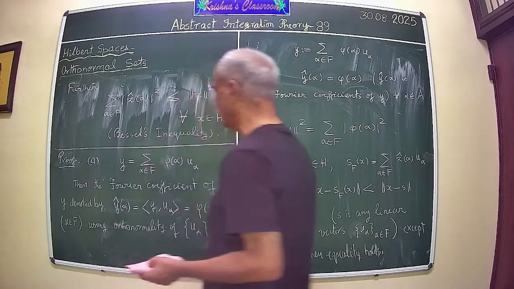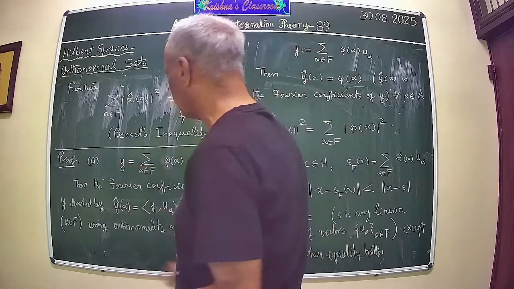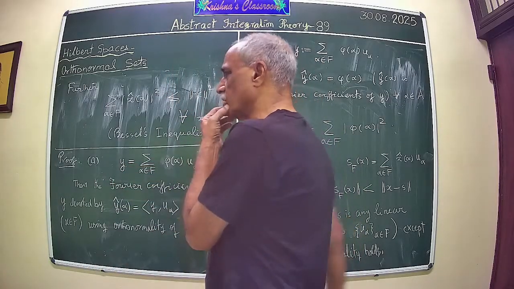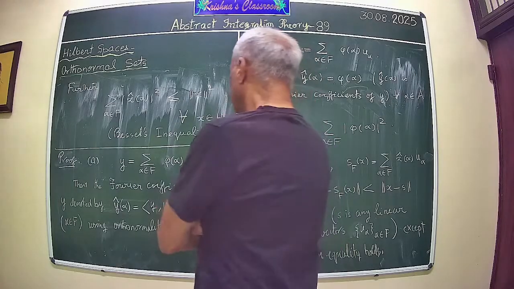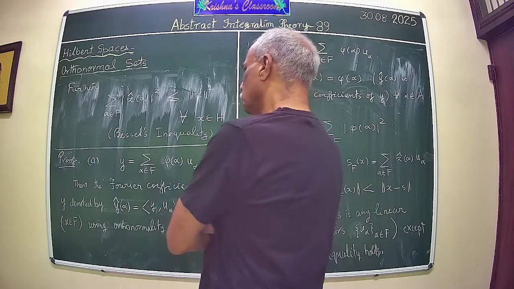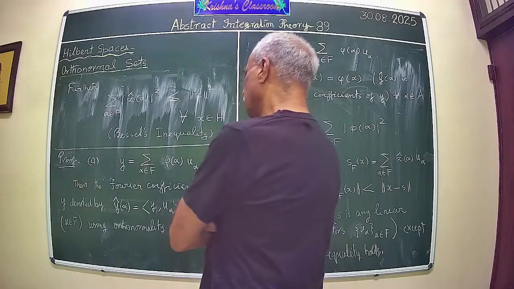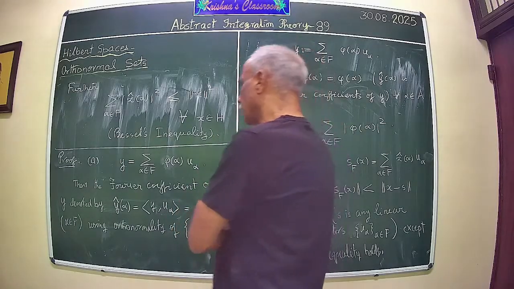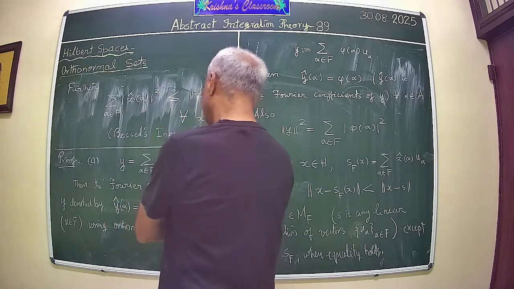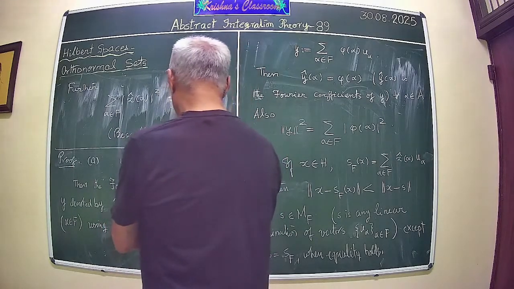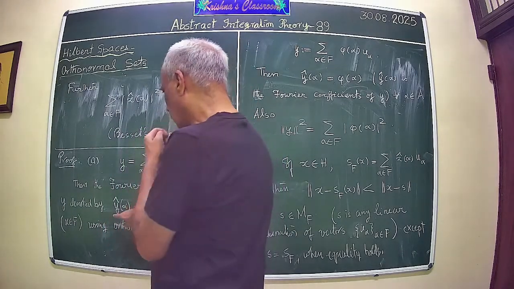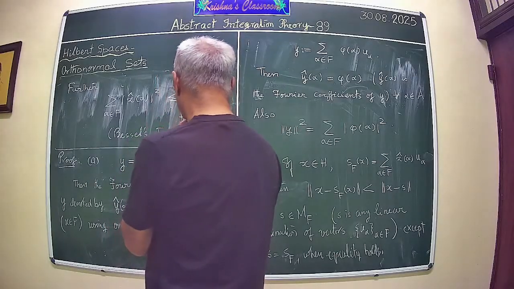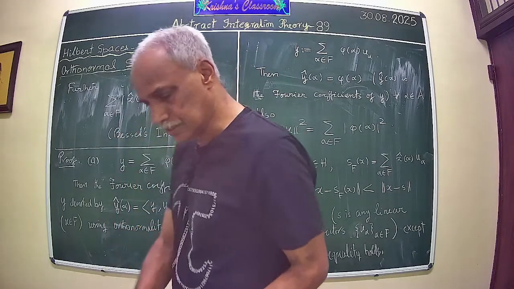Yes. So that's very easy. You take the dot product of y with U alpha, and then use the fact that U alpha, U beta inner product is equal to 0 whenever alpha is different from beta. Then you end up with y hat alpha, which is a Fourier coefficient of y, equal to phi alpha. This is the first part.